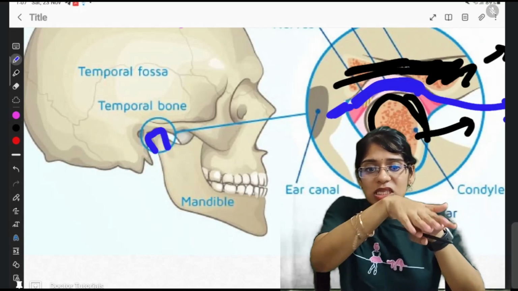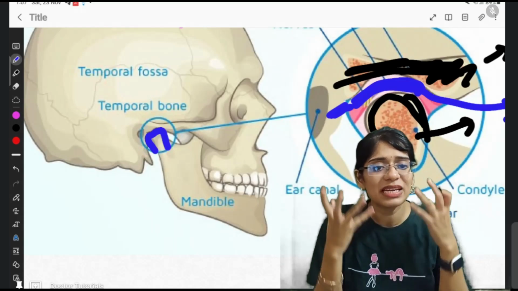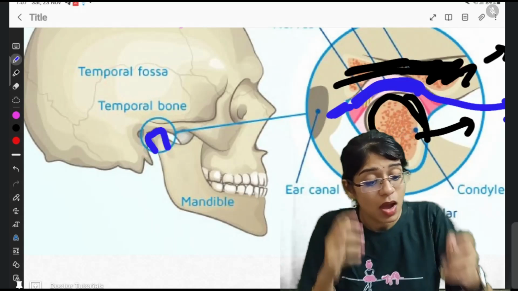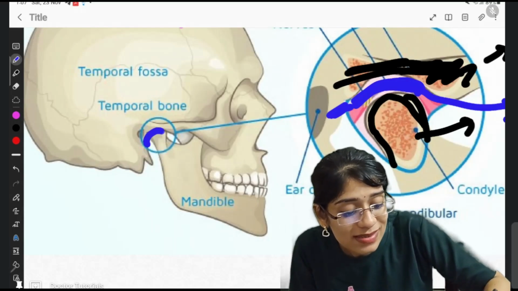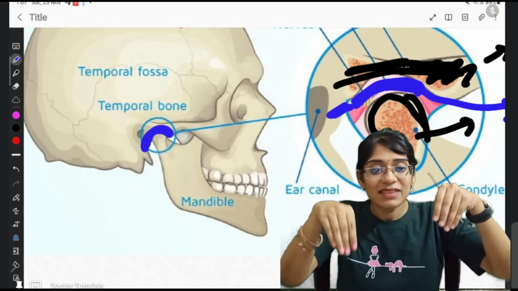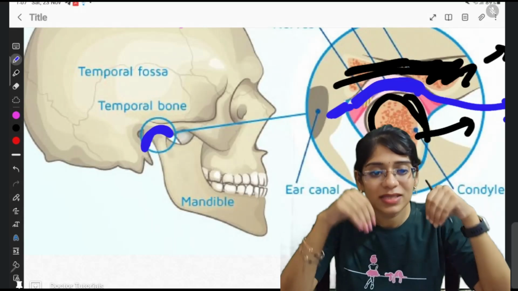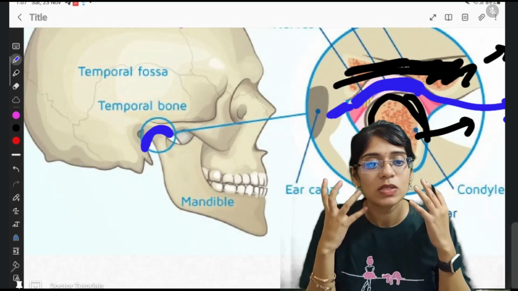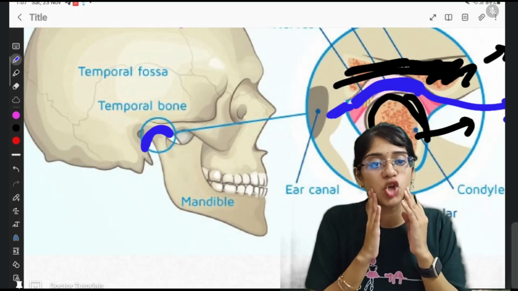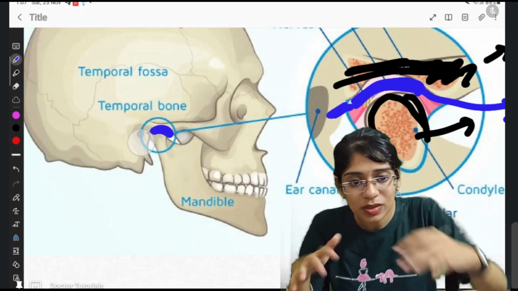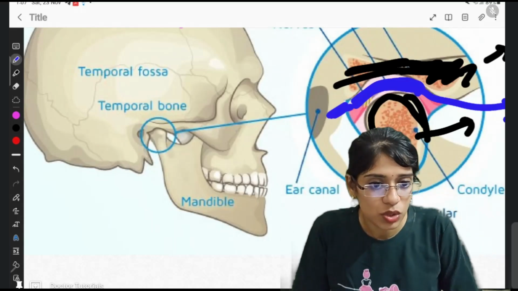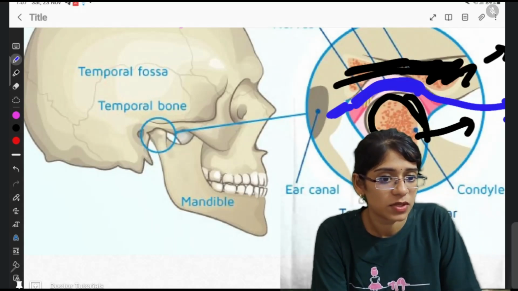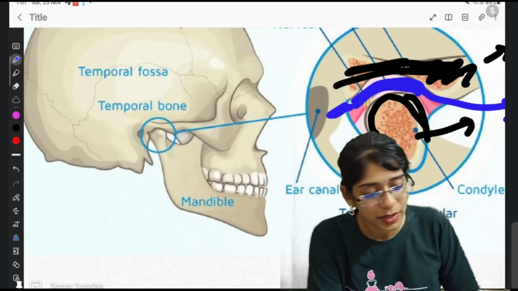So there's going to be constant friction, wear and tear, and difficulty in speaking and chewing. But if there is an articular surface in between them, it gives a cushion effect, it gives more stability, and it also allows easy movement of the jaw, right? Because there is an articular surface there. Now you understood the importance of the articular surface in the temporomandibular joint, right?